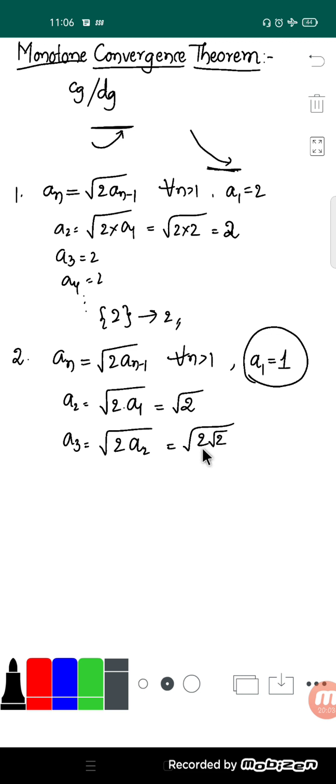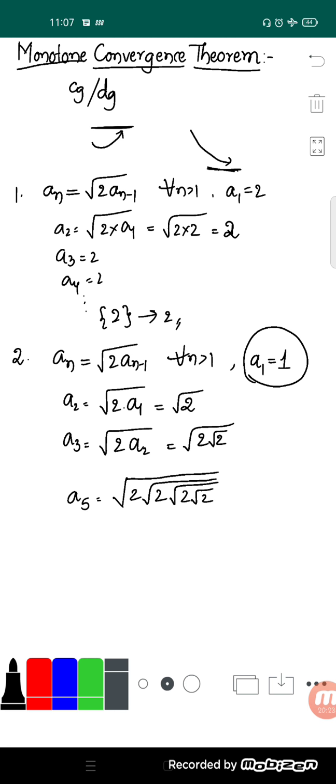If you want to find a5, it becomes nested square roots of 2, like this it's going.